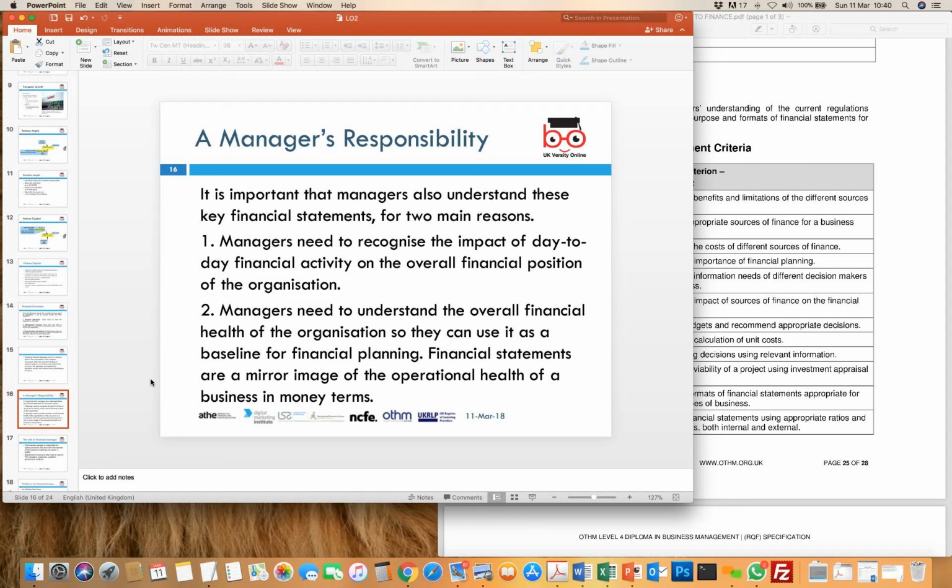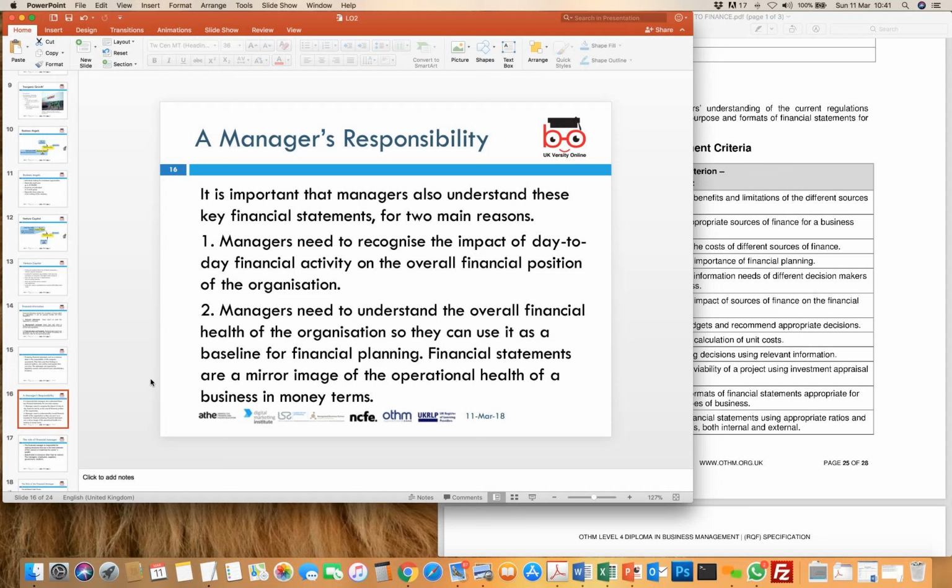But these statements, which are generated and maintained by the accounts and finance department, are an important piece of information on the basis of which decision making happens at the board level or at the senior management level, when they look at expanding the operations of the company. Now, we know the sources of finance, we know the cost at which they can be arranged, we know how they can be arranged, and we briefly know how and why these are prepared.